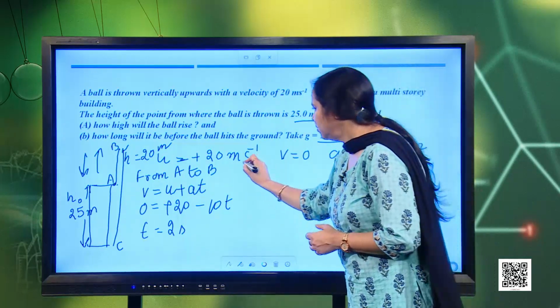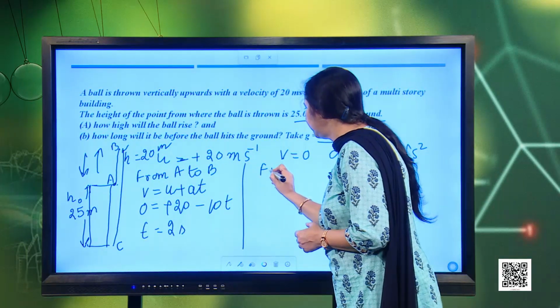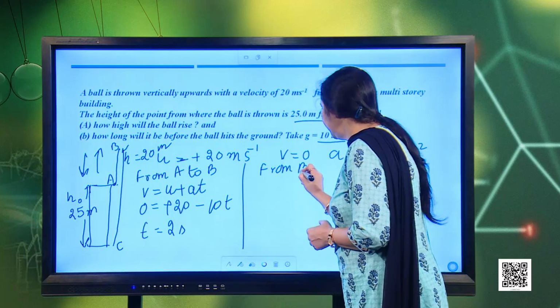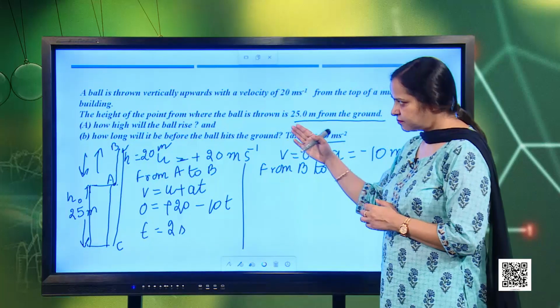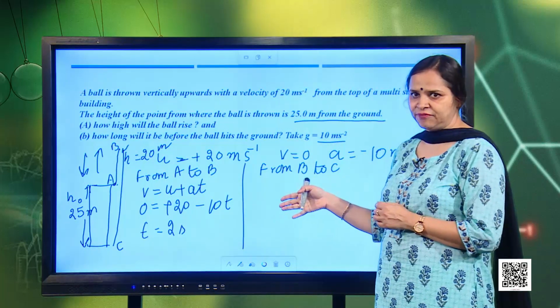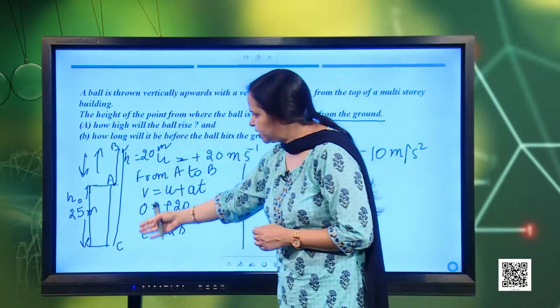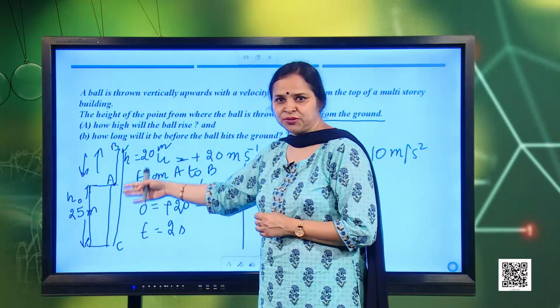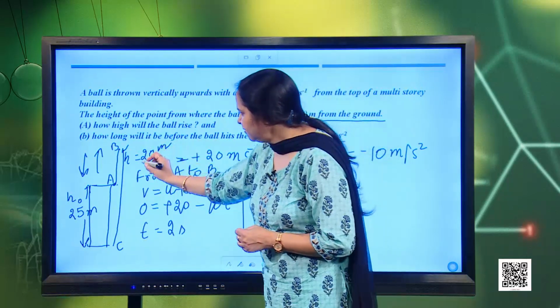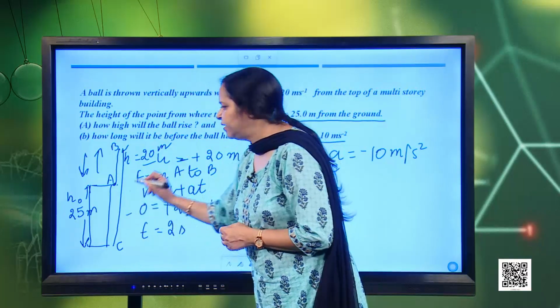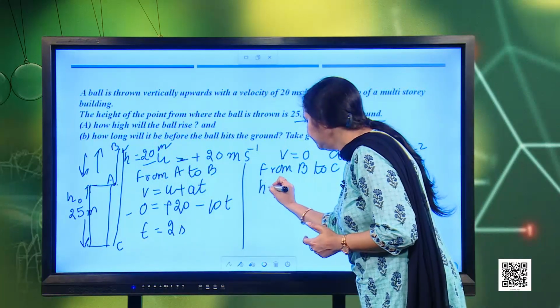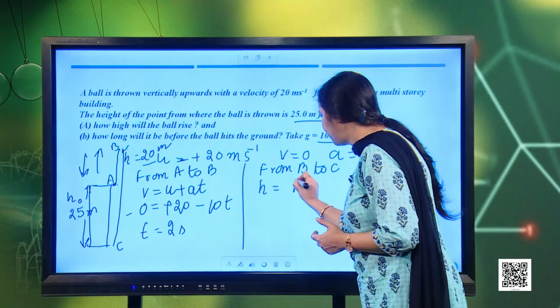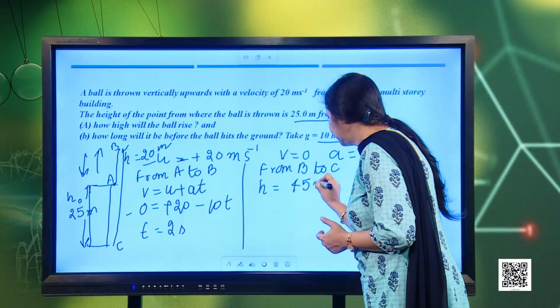Now, let's talk about the motion from B to C. For B to C, what is the total distance traveled? If you look at this situation, the total height traveled is this 20 meters and this 25 meters. So, the total distance is 20 plus 25, that is 45 meters.